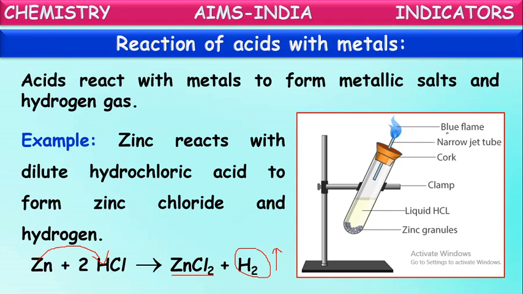When a burning splinter is introduced into the hydrogen gas, it burns with a blue colored flame and immediately puts off with a pop sound. This indicates the evolution of hydrogen gas. So in this way, when acids react with metals, they form metallic salts and liberate hydrogen gas.